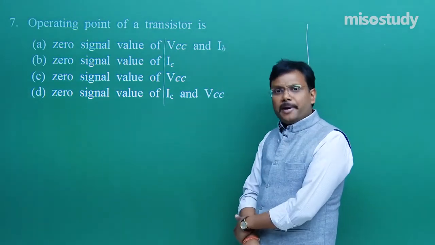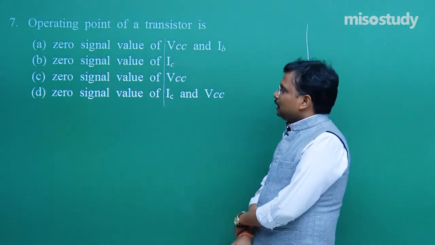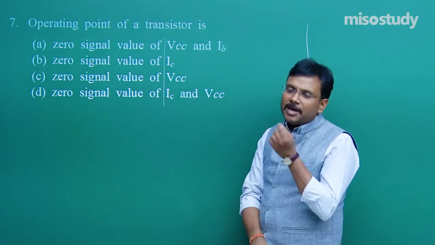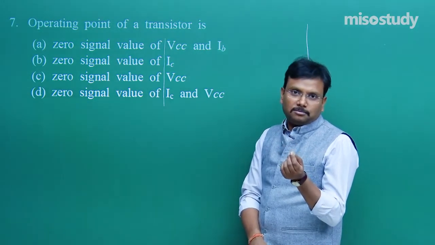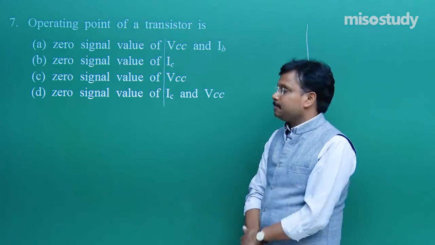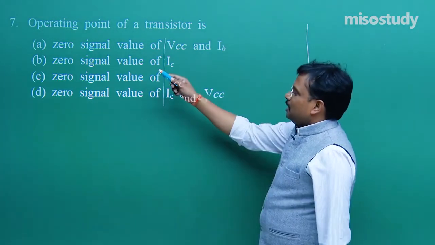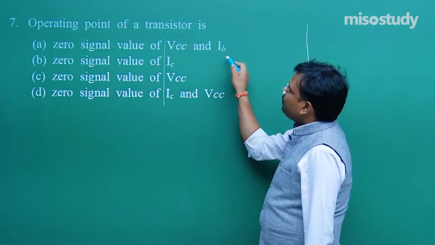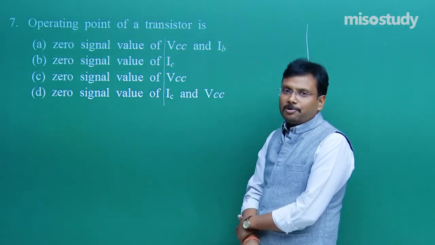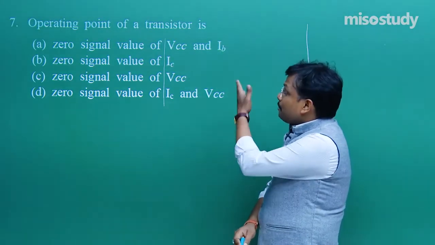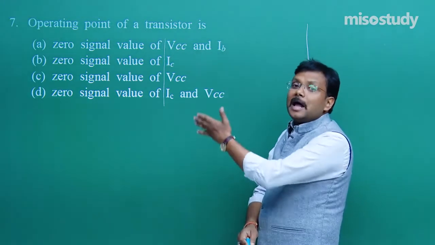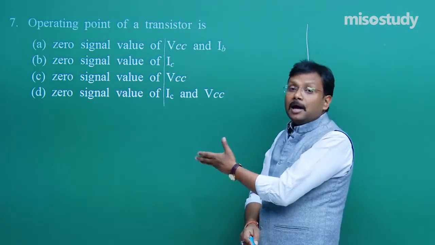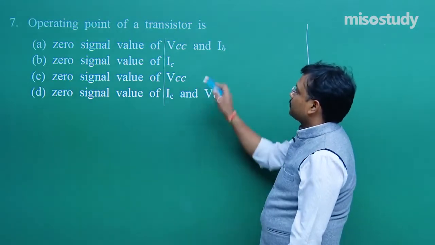IB, base current. The value of base current is very minute, fine, very minute. So, zero signal value, and that too by contribution of base current, is not possible. It is of the order of 10 to the power minus 3, lesser than the value of emitter or collector current.